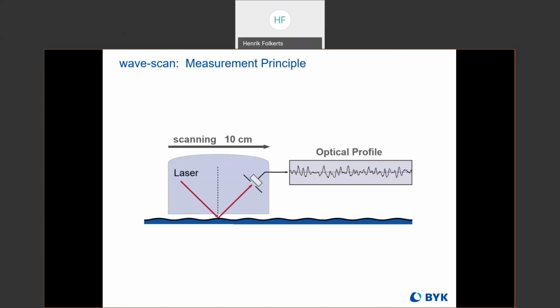So that brings us to our WaveScan instrument and the measurement principle. The way this works, it uses a laser light source. It reflects that laser light off of the surface, and it measures the deflection of that laser to create this optical profile. So this is a rolling instrument. It's a moving instrument that you actually roll across the surface.